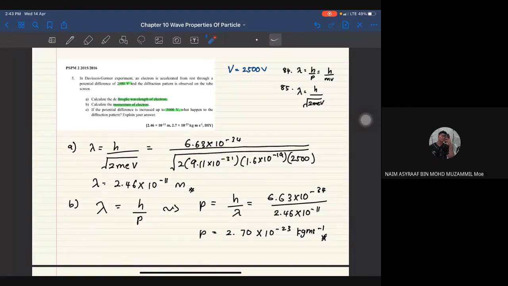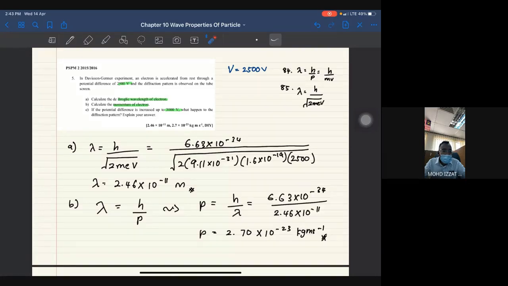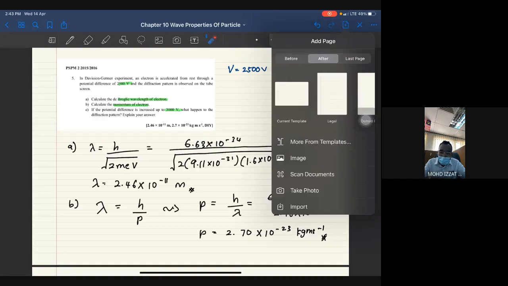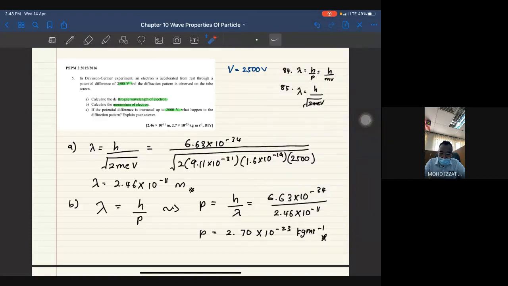Wavelength dia panjang, sir. Okay, lepas tu apa jadi dia wavelength panjang? Katakanlah wavelength panjang.